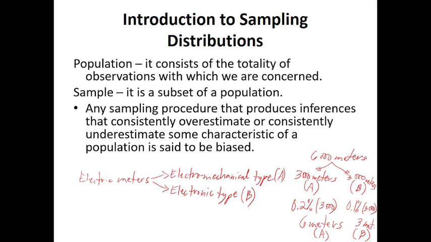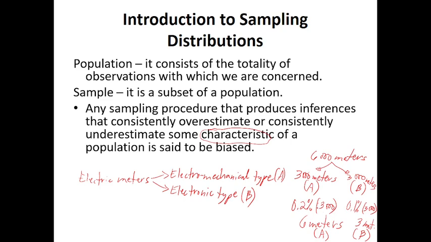Since there is imbalance, there's a big possibility that the characteristic of the population will be overestimated or underestimated because you selected more electromechanical types than electronic types.